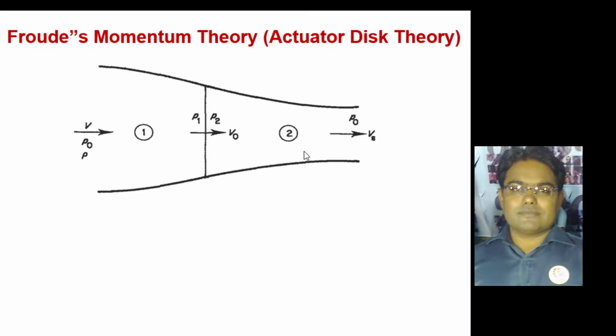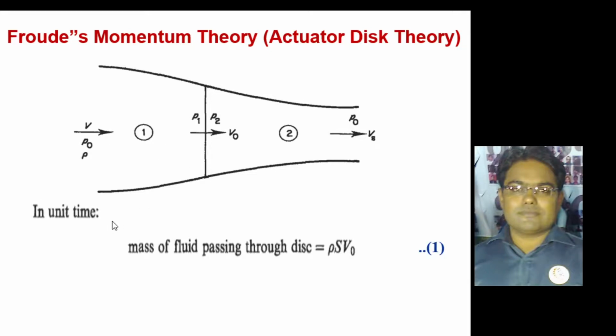Then this is the downstream condition, condition 2, where we don't know the velocity, the pressure or the density. Far away, let's suppose this is the slipstream velocity, and the pressure is the standard static pressure or free stream pressure, P naught, and at the front it is also P naught.